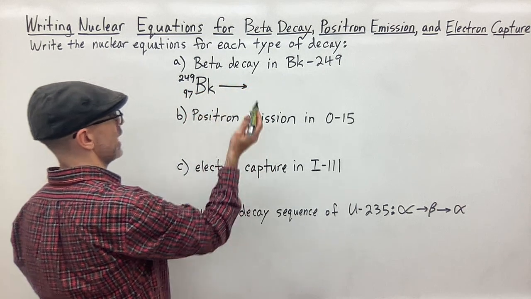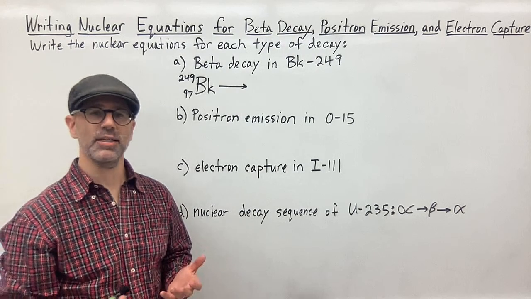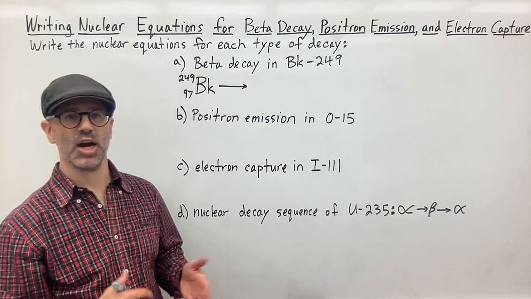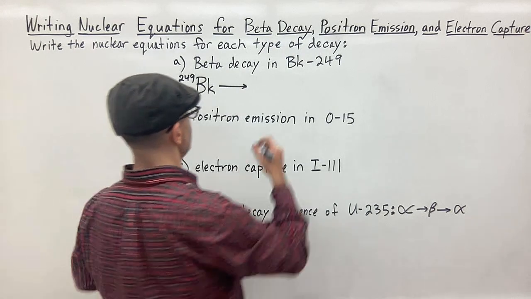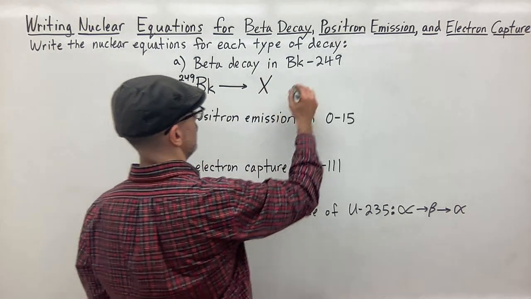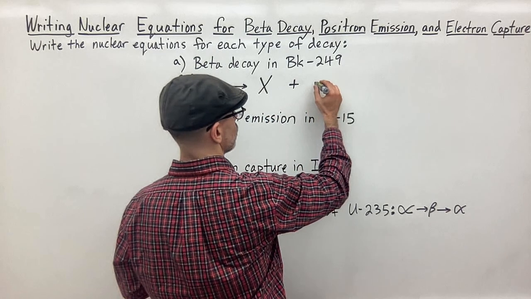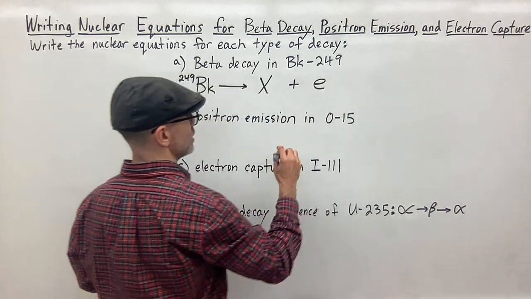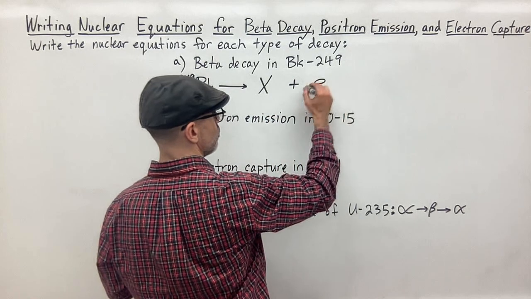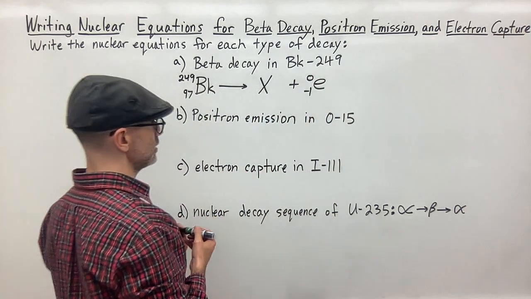And of course, the decay is a beta decay. A beta particle is an electron, so it's going to have a negative charge, zero mass. So it's going to be some sort of daughter isotope plus the beta particle, which is represented as an E with a -1 on the bottom and 0 on top.